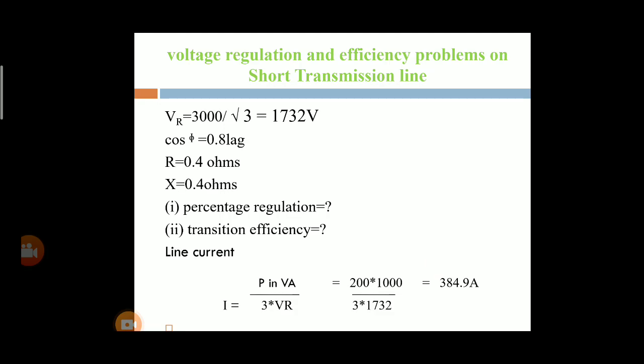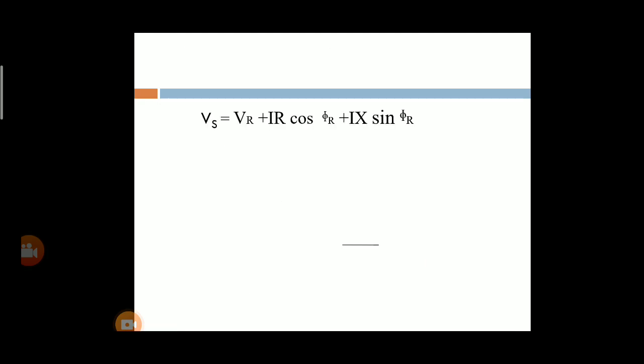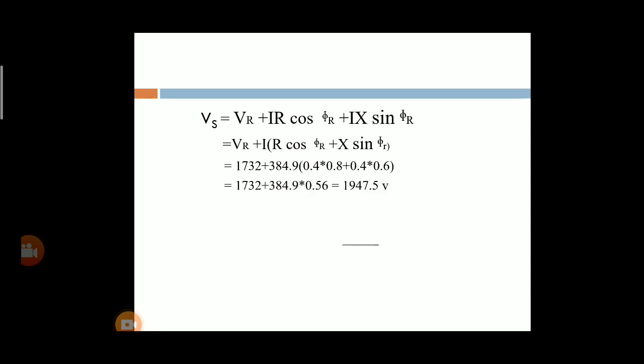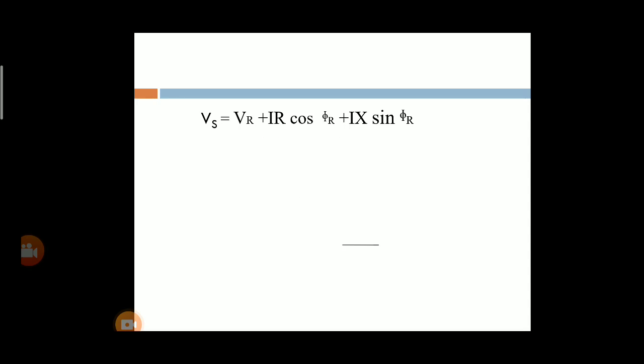The receiving end current is 384.9 amperes. Next, coming to the formula for Vs. In the previous class, I derived the voltage regulation formula, and in that we derived the sending end voltage using the phasor diagram.